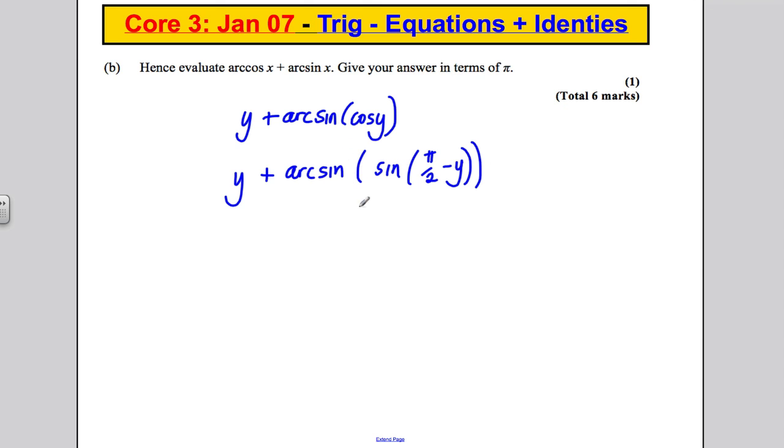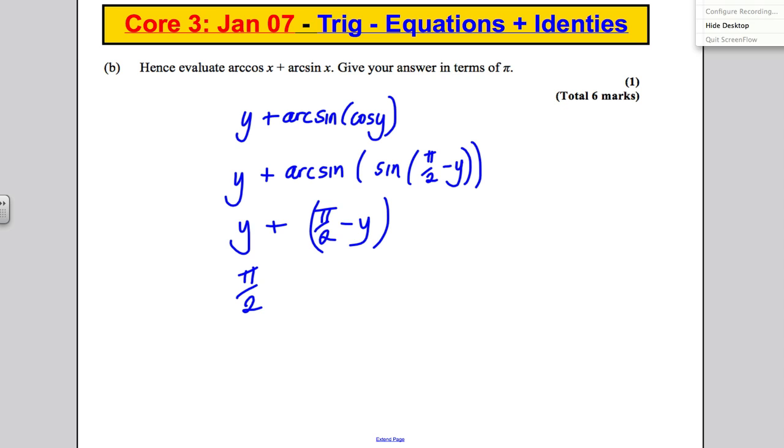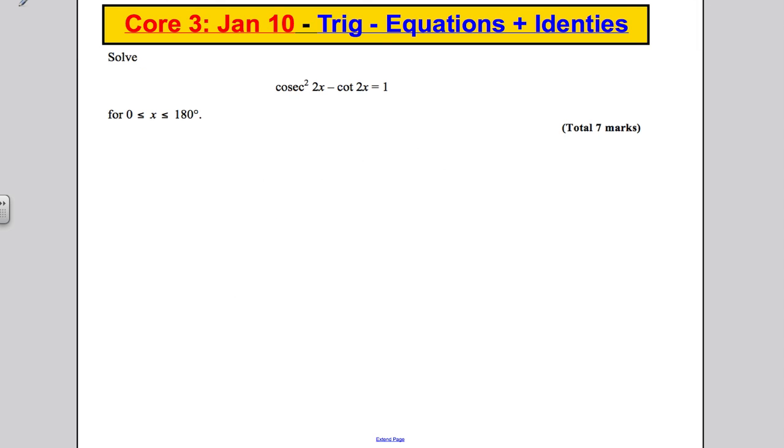So arc sine of this must be inverse sine and sine is 1. So this would be y plus pi by 2 subtract y, and this would therefore be pi by 2 because the y's would cancel and we'd be done. Okay, next question, pause the video, have a go.